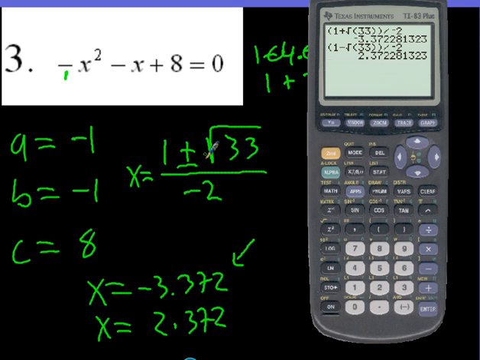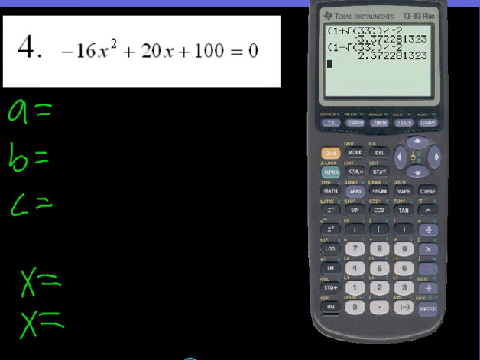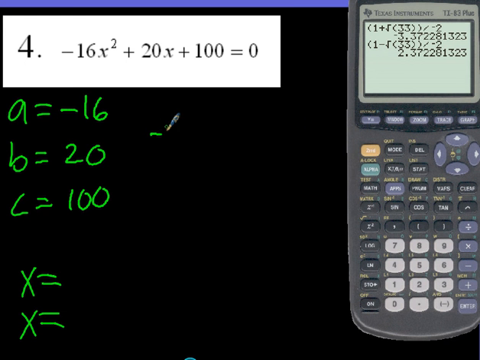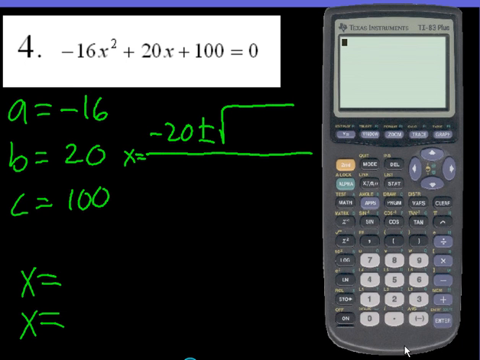Number 4. Okay, numbers are just bigger, doesn't make it any harder. Negative 16 for A, so B is 20 and C is 100. Okay, and so it's going to be negative B, negative 20, x equals negative 20 over the square, plus or minus the square root of, let's go ahead and calculate that, B squared, so that's 20 squared minus 4 times negative 16 times 100, 6,800.